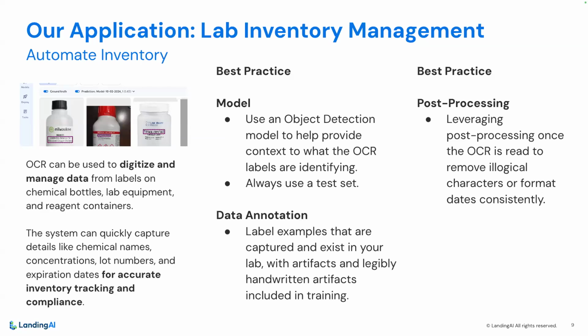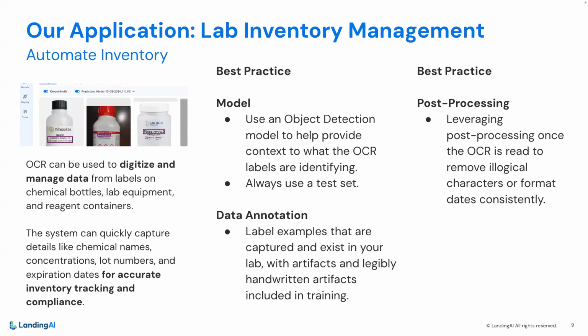So the OCR can actually be used to understand what's on the shelf and help, with other object detection models, to flag if something is missing for a reorder. And you can also make sure that if there are expiration dates written on the different materials and chemical bottles, that they are flagged and identified for removal from the lab.